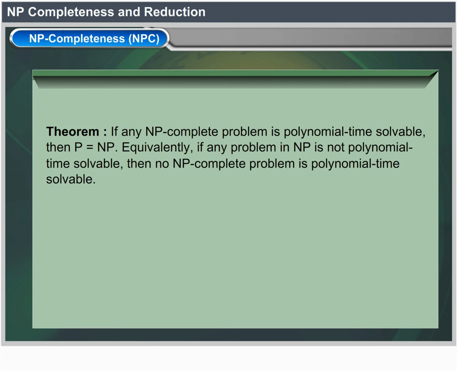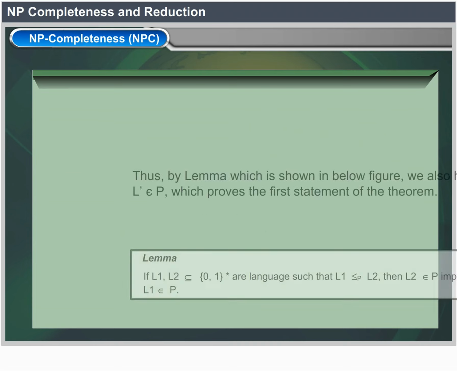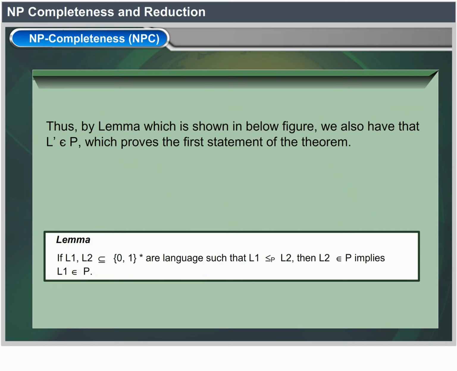Proof: suppose that L belongs to P and also that L belongs to NPC. For any L' belongs to NP, we have L' polynomial time reducible to L by property 2 of the definition of NP-completeness. Thus, by the lemma, which is shown in the below figure, we also have that L' belongs to P, which proves the first statement of the theorem.